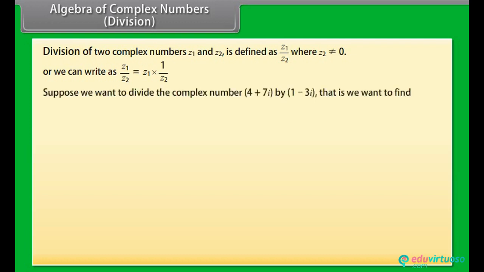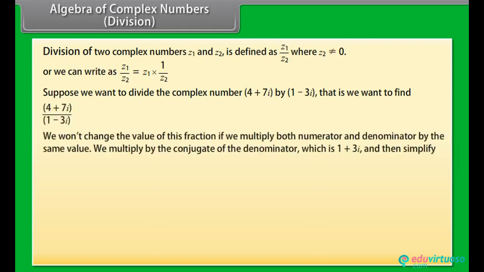Suppose we want to divide the complex number 4 plus 7 iota by 1 minus 3 iota. That is, we need to find (4 plus 7 iota) by (1 minus 3 iota). We won't change the value of this fraction if we multiply both numerator and denominator by the same value.